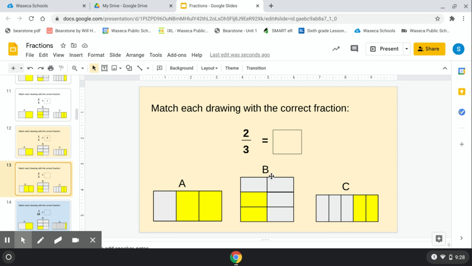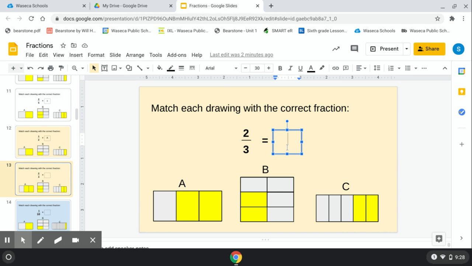How about B? 1, 2, 3, 4, 5, 6 equal parts. Nope, we're looking to see if it's split into 3. How about A? A is split into 1, 2, 3 equal parts, and 2 of them are shaded yellow. So our answer would be A. 2/3 of A is shaded yellow.